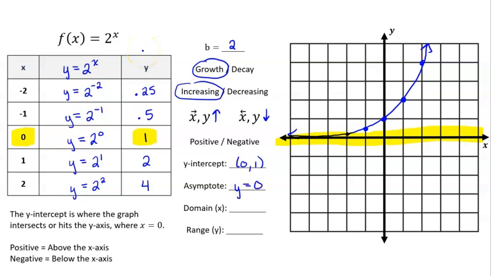When we think about our domain, it's how far is my graph going to the left and how far is it going to the right. So if we're going to the left, it's going towards negative infinity, and then we have it also going to the right forever. Now it looks like it's going upwards, but when we're actually looking at this graph, it is going to go up, but it's also going to go to the right forever.